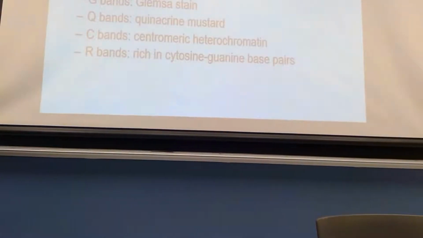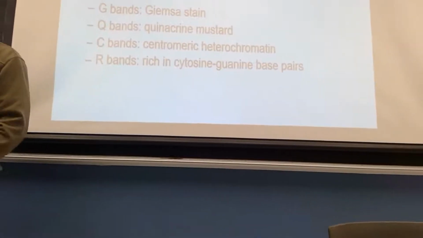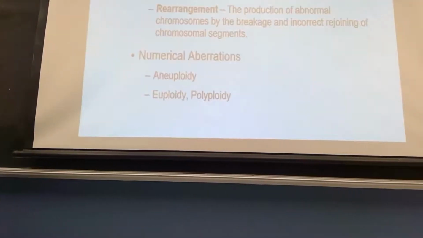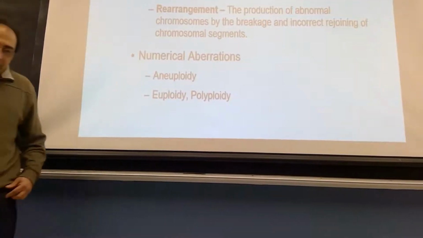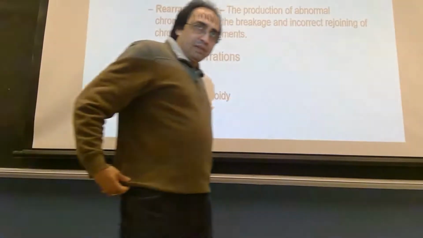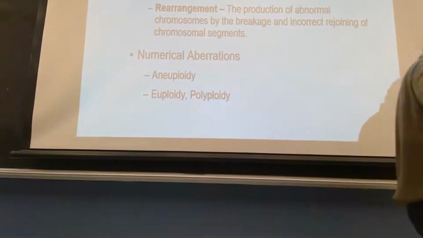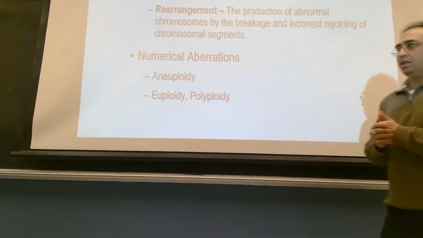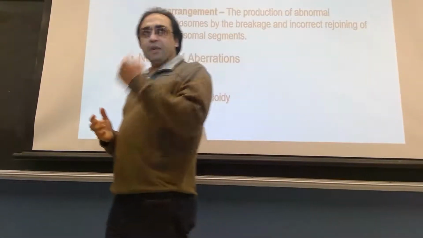We already talked about karyotyping, banding, and Q band, G band, C band, R bands, everything. We talked a little bit about deletion also, but I will cover the deletion part today a little bit. We have generally two types of chromosomal aberrations.